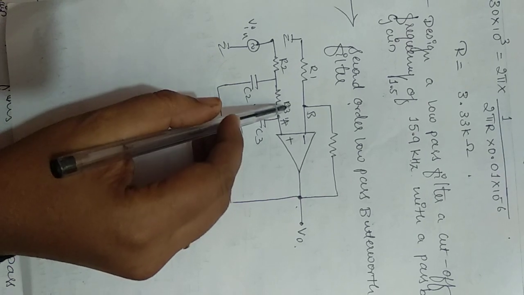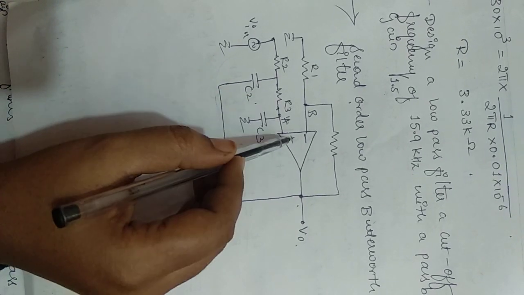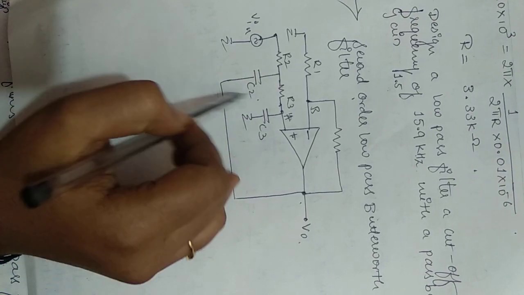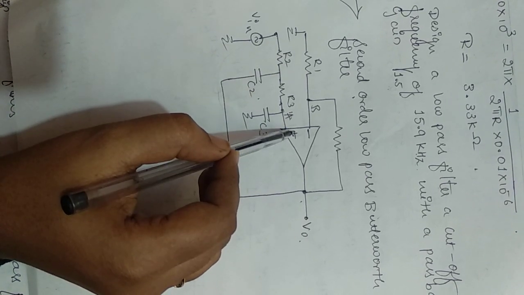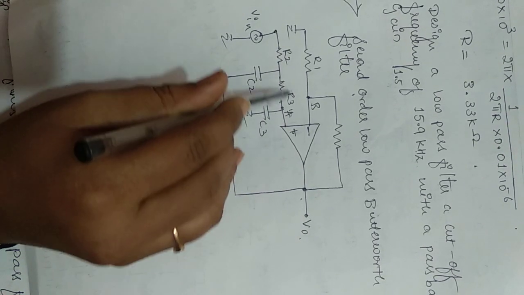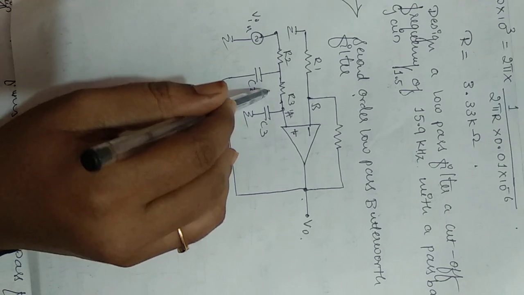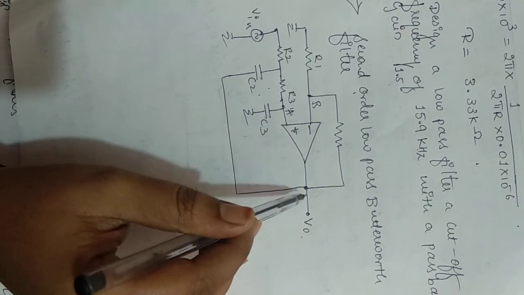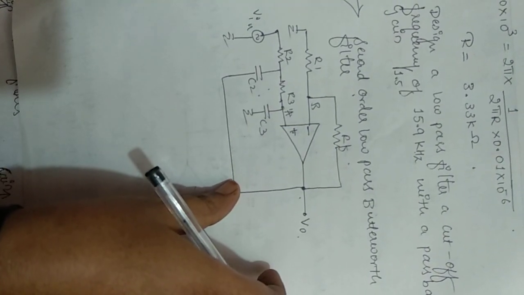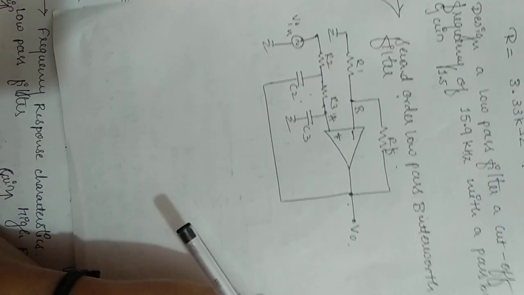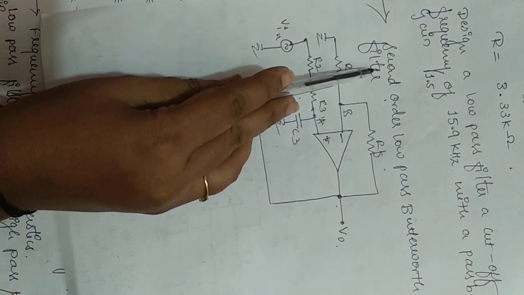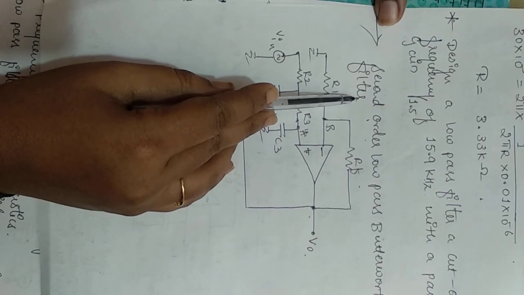Because we connect one more RC network to the non-inverting configuration. In the first order low pass filter, we have only one RC network connected to the non-inverting terminal. In the second order low pass filter, we connect a double pole RC network to the non-inverting terminal to get the gain, or the output. Next class we will derive the second order low pass Butterworth filter. Thank you.